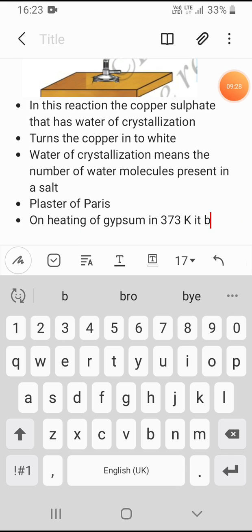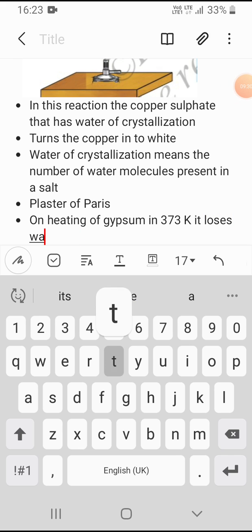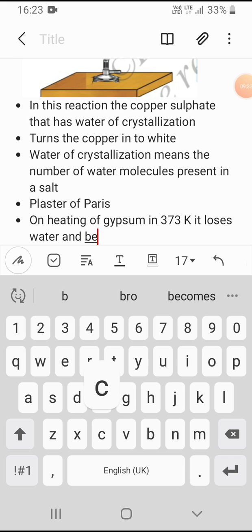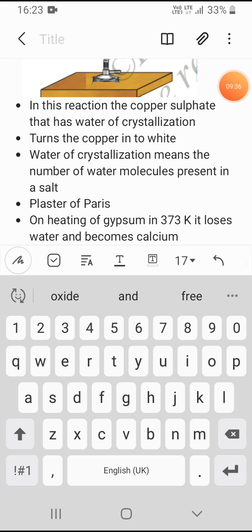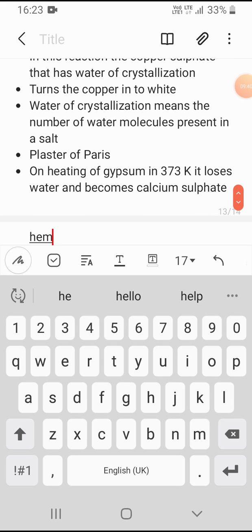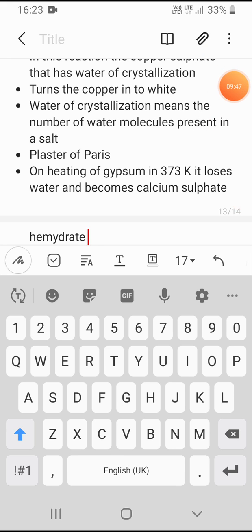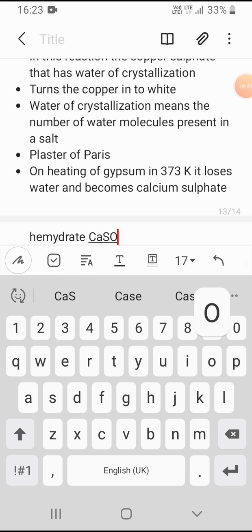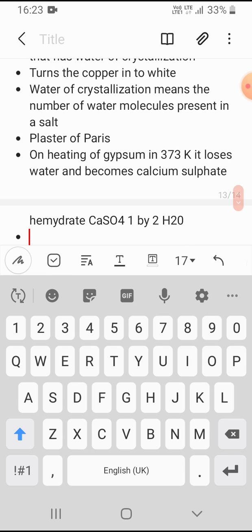It loses water and becomes calcium sulfate hemihydrate. That formula is CaSO4 1/2 H2O, and it is called plaster of Paris.